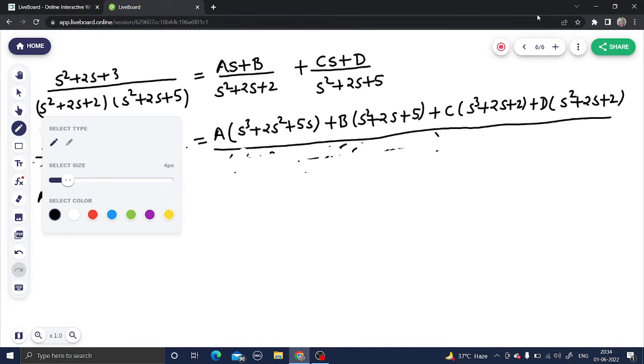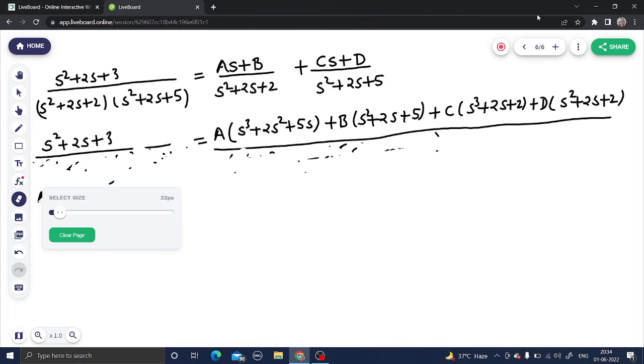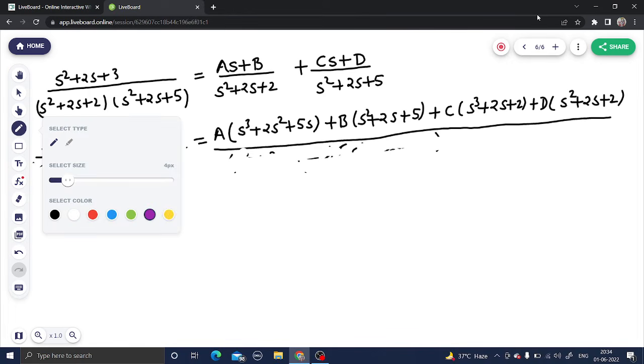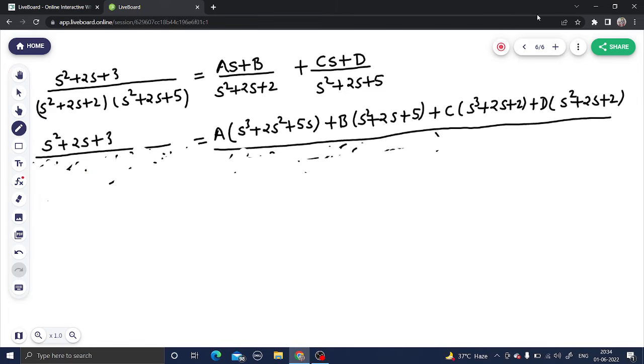Let me use different colors for different coefficients, that will be interesting. So violet first. For s cube we have A plus C, but in LHS the coefficient of s cube is 0, so we will be getting 0.